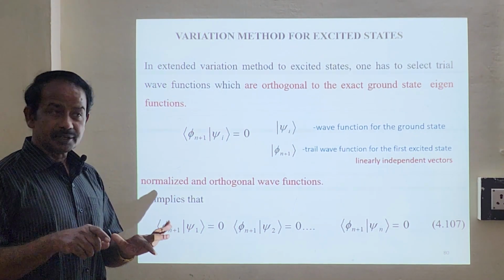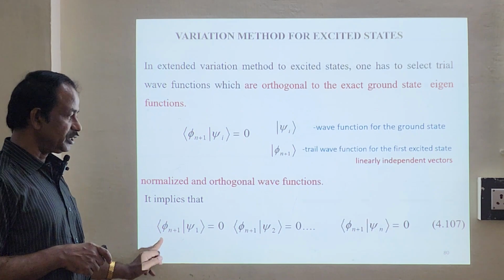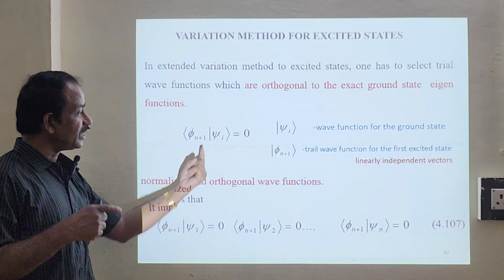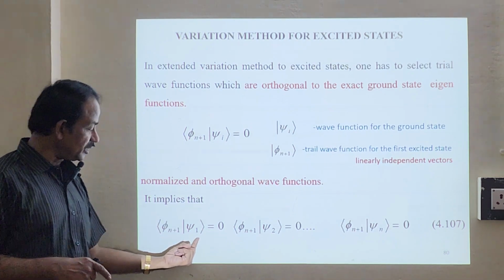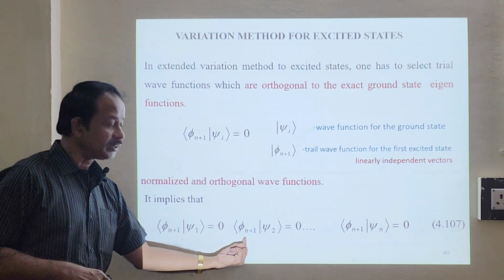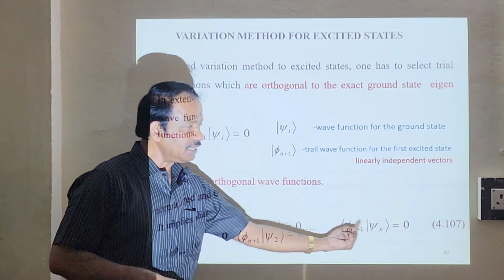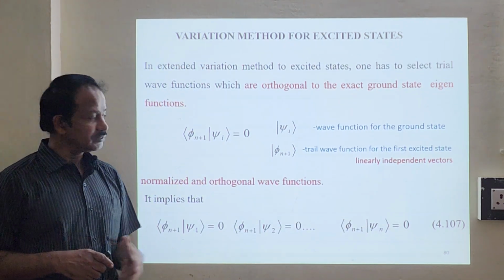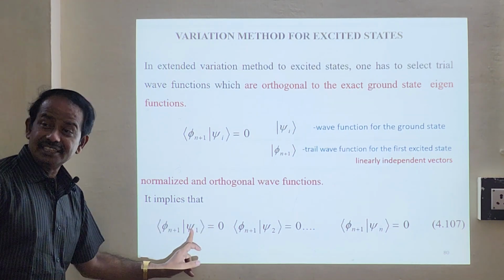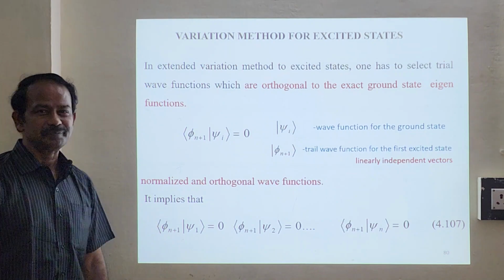Of course, they must be normalized and orthogonal wave functions. So it implies that psi 1 with phi n plus 1 equals 0, psi 2 with phi n plus 1 equals 0, psi n with phi n plus 1 equals 0, of course. We know this already. This is your initial and this will be your final.